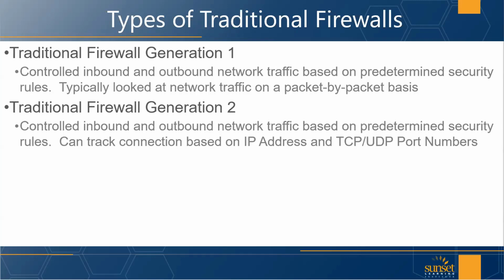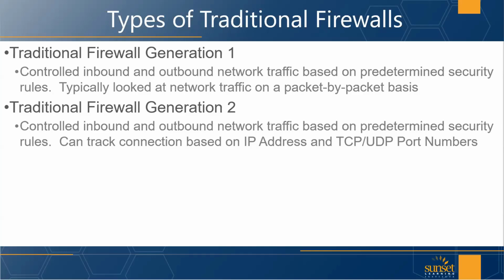There are Gen 1 firewalls, and those basically control inbound and outbound network traffic based on predetermined security rules, and typically looked at traffic on a packet-by-packet basis. This would be old firewalls, how we used to do it on routers, when we would have a router act as a firewall, so we would block specific ports or block specific IP addresses, and so on.